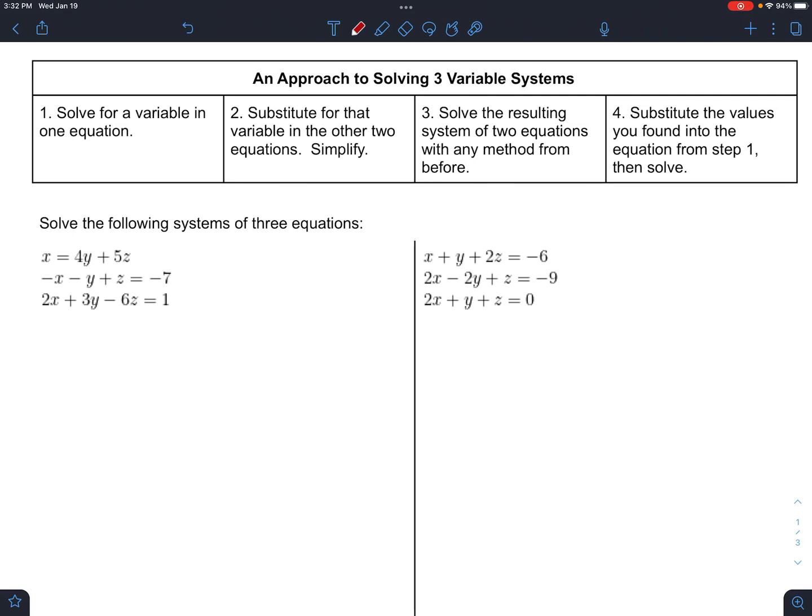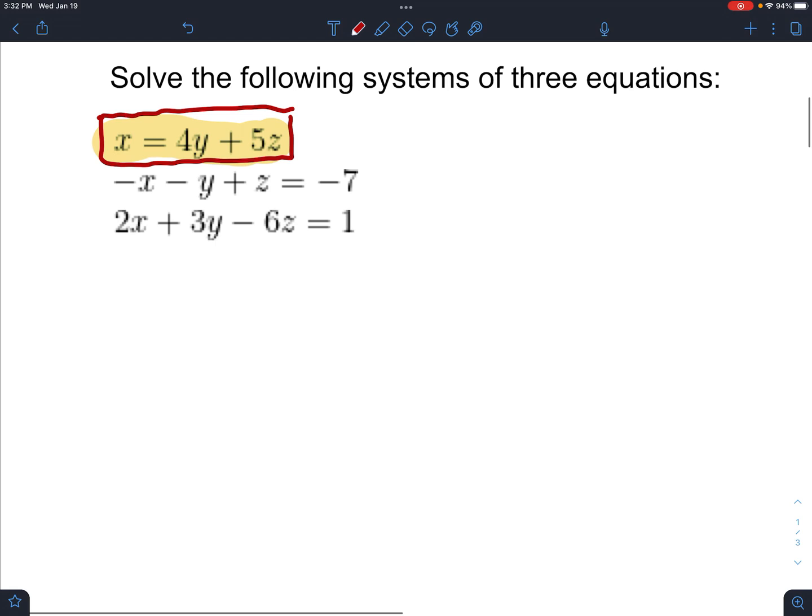And the quickest way, in my opinion, to do that for most problems is to solve for a variable in one of the three equations. So with this very first guy, we already have a solved equation for one of the variables, x. From that point, you can take the other two and substitute.